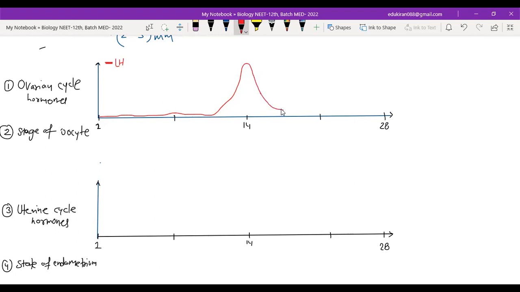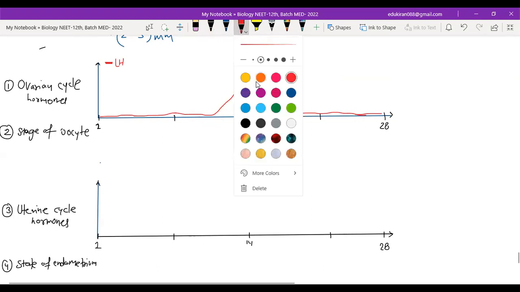Then it again becomes low and stays low. Simple. You understand? LH only rises and reaches the peak at day 14. Clear? Say yes or no.